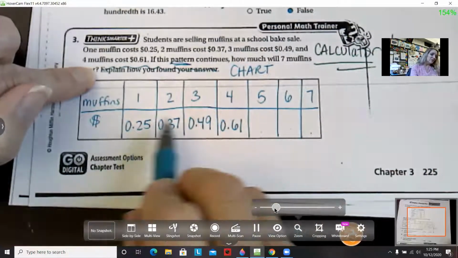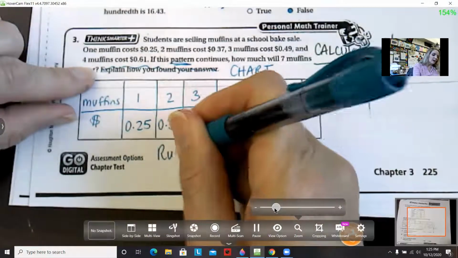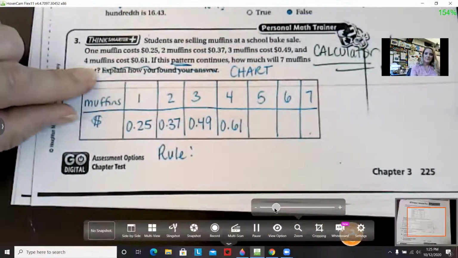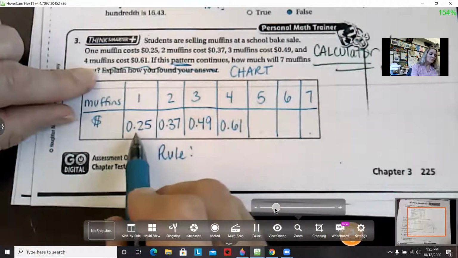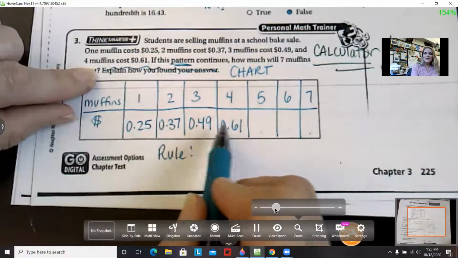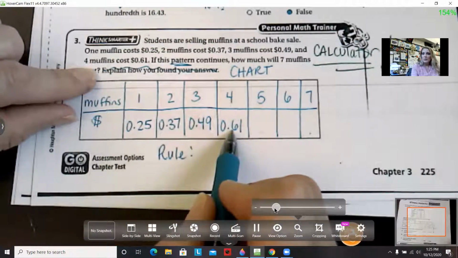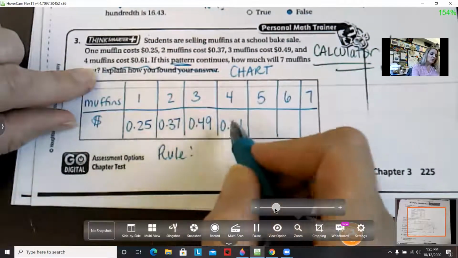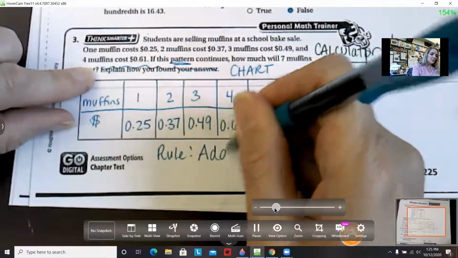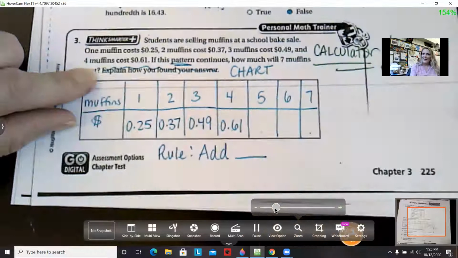So we can't really figure this out until we find a rule for the pattern. Okay, it's already telling us there's a pattern here, so there must be a rule to follow. Are our numbers increasing or decreasing as we go on? Well, of course, if you're buying more muffins, it's going to be more expensive. So they are increasing, so my rule must be that I have to add. Add what?